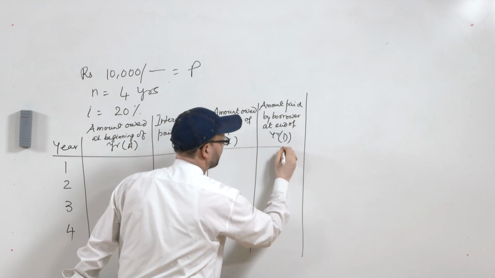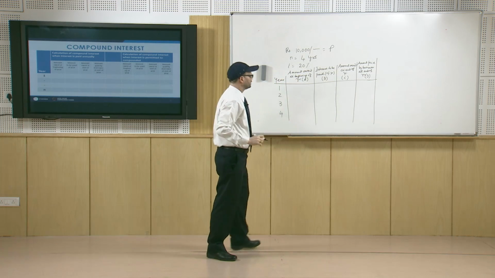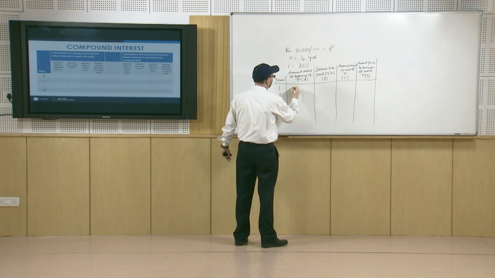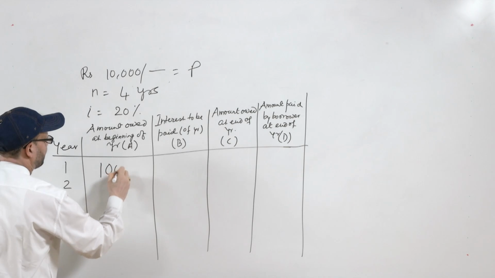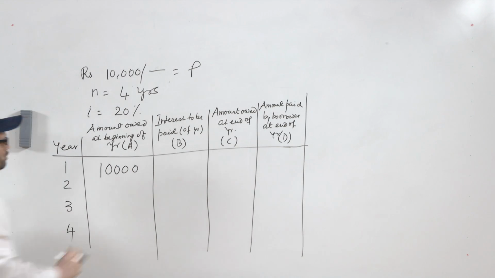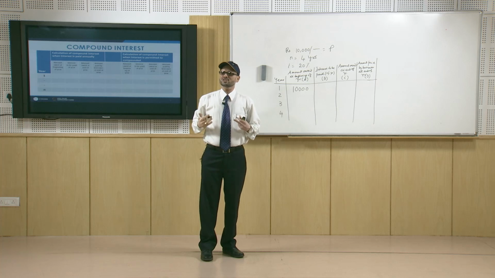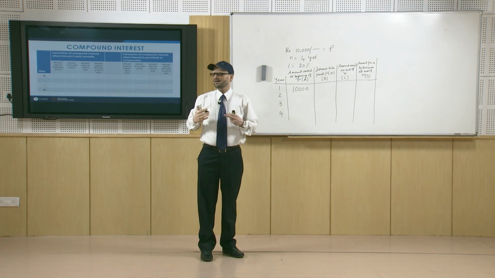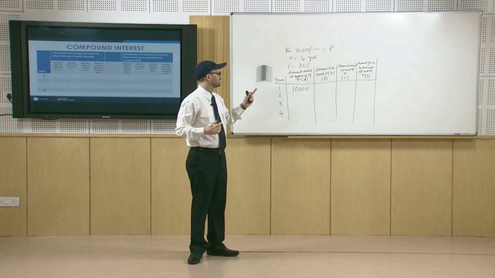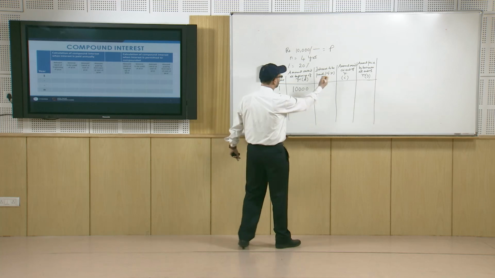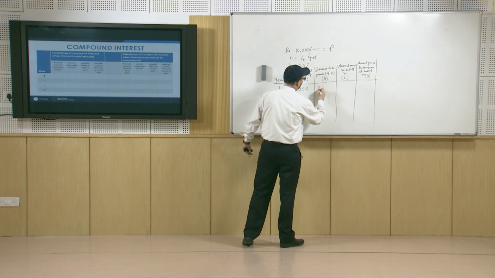Now let us see, since we have taken 10,000 rupees, in the beginning of the first year you have 10,000 rupees which is owed by the borrower. Now the borrower is paying interest on this amount, and this interest amount will be 20% of this amount, and this comes out to be 2,000.